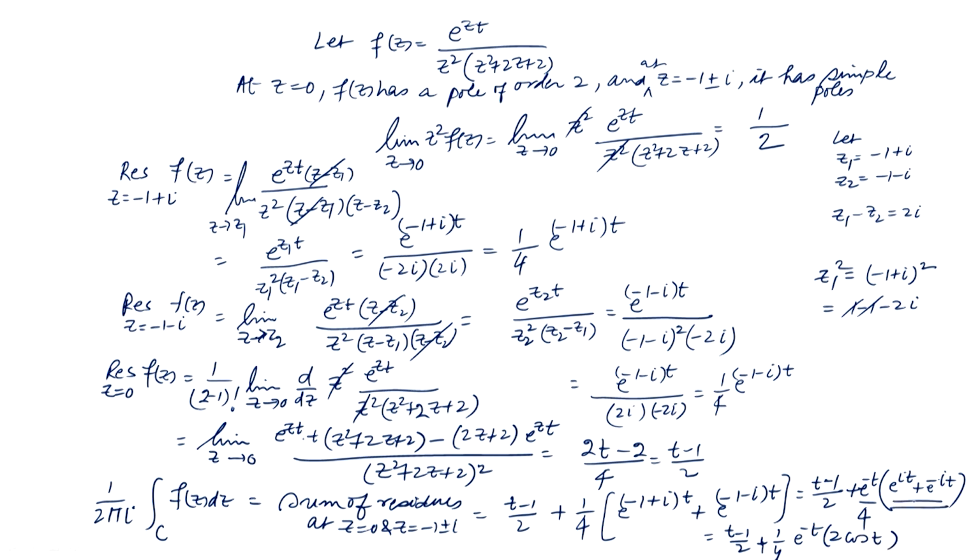I am treating t as a variable; it could be even a complex number. Cos z is (e to the power iz plus e to the power minus iz) by 2. So this is nothing but (t minus 1) by 2 plus e to the power minus t cos t by 2. So this is (t minus 1 plus e to the power minus t cos t) divided by 2. This is the answer.